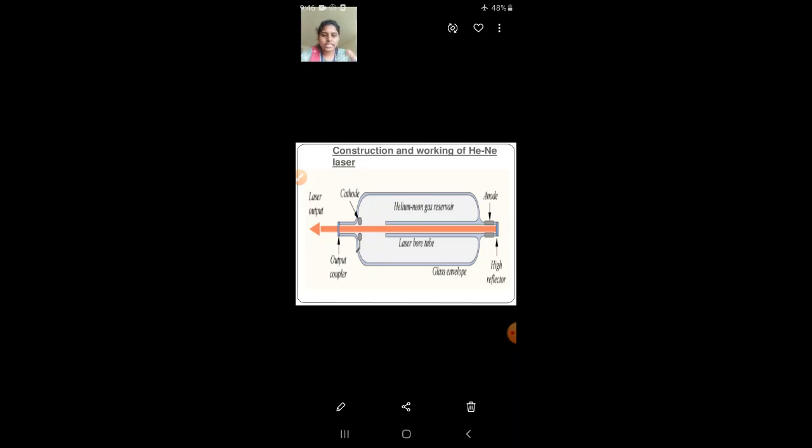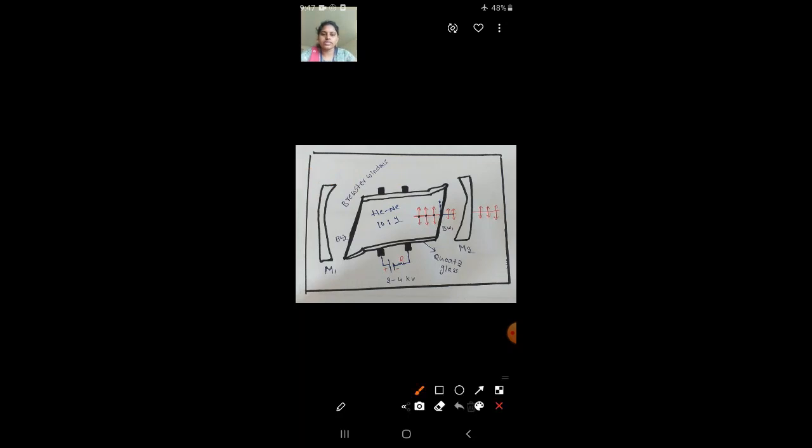We will see this figure. This is the helium neon gas reservoir, anodes, high reflector and glass envelope, laser bore tube, laser output, output coupler and cathode.